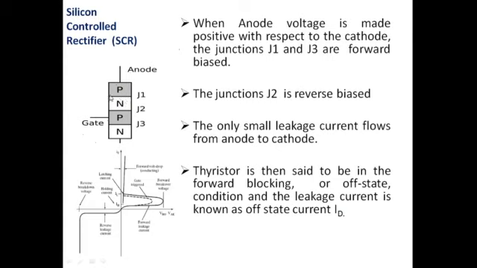So you will find charge carriers in these regions. From here onwards I will not call this a depletion region, as there is free movement of charge carriers through this junction. So this junction is forward biased. J1 is forward biased when I connect a positive potential to the anode.